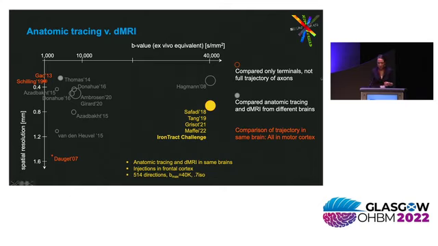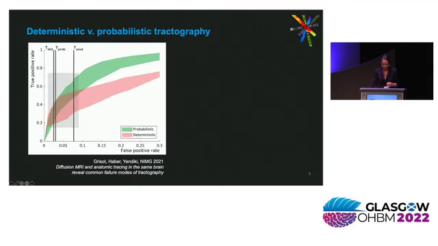And in the data that we have been collecting with Suzanne, we have anatomic tracing and diffusion MRI in the same subject. And in contrast to the few studies that had done that before, we are not focusing on M1, but we're focusing on injections in frontal cortex that are quite challenging for diffusion tractography. What are some of our key findings? One finding that we find pretty consistently is from the comparison of deterministic versus probabilistic tractography.